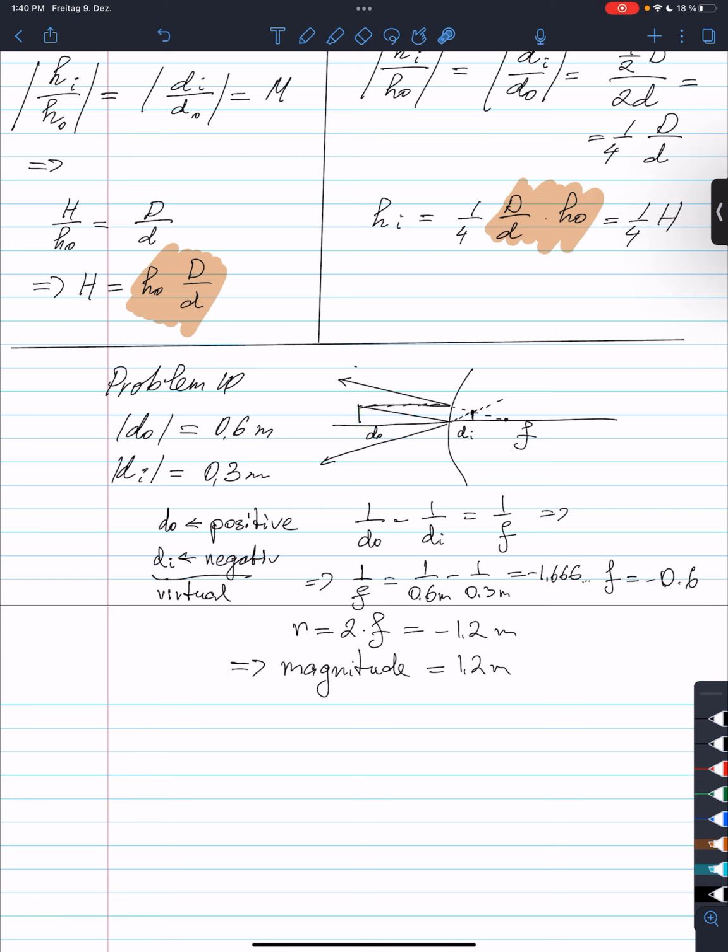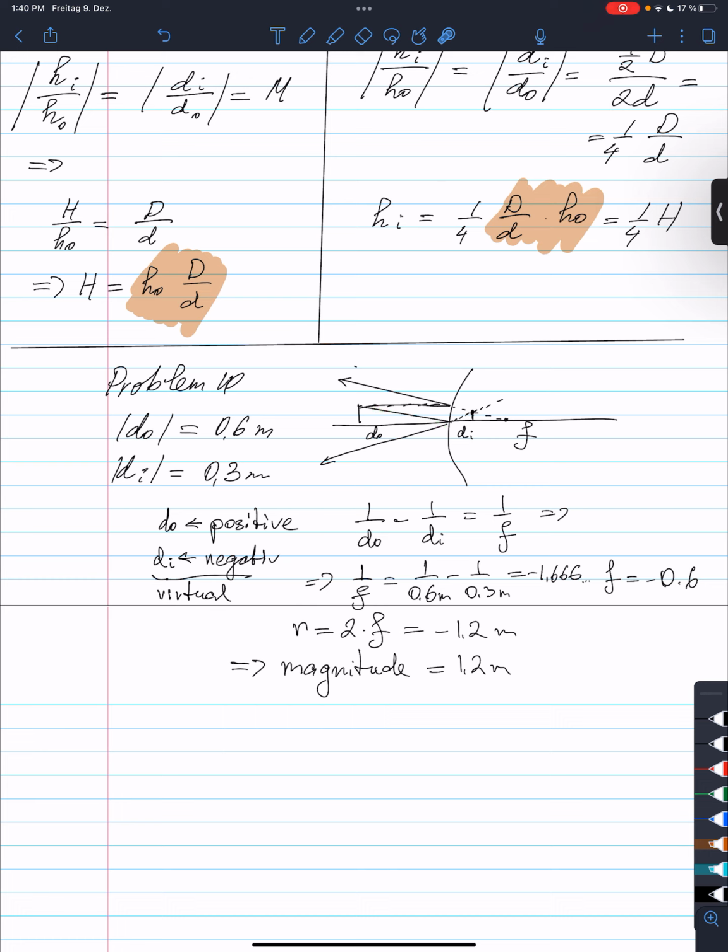Since the divergent mirror actually can trace all the light rays, this one will just reflect. So this straight light ray, I have to extend from the focus. This is how it's going to be reflected. So the image will appear where these two light rays cross.